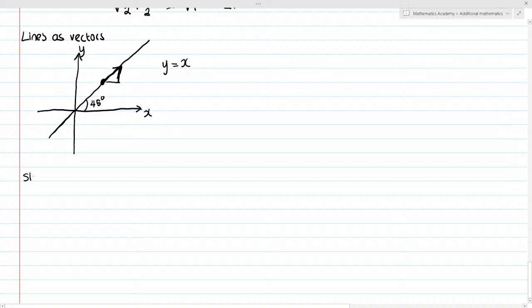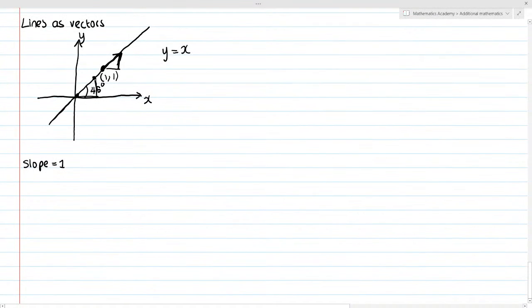Well, the slope in this case is 1, right? We can see that because if you go 1 unit to the right, you also go 1 unit up, because y is equal to x. If we wanted to go from 0, 0 to 1, 1, which is also on the line, we have to go 1 unit to the right and 1 unit up. So the slope is 1.